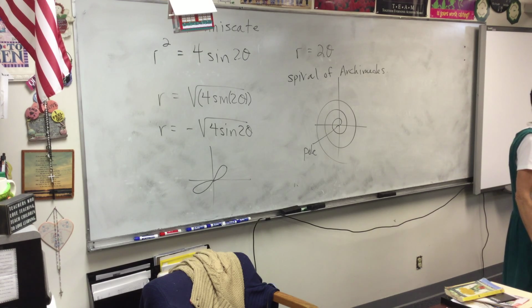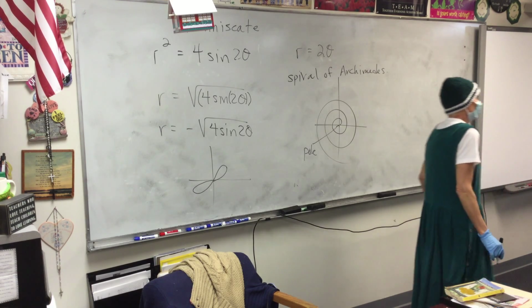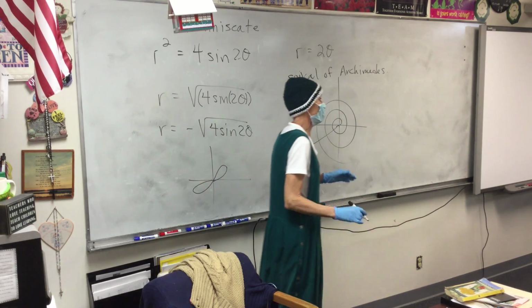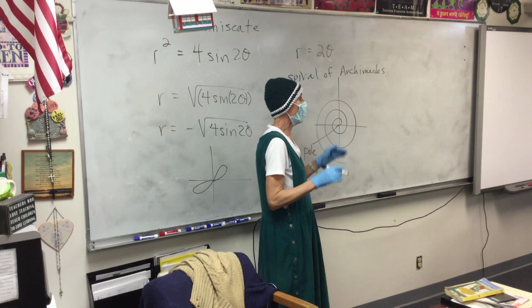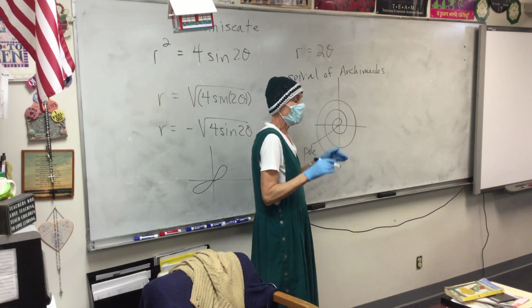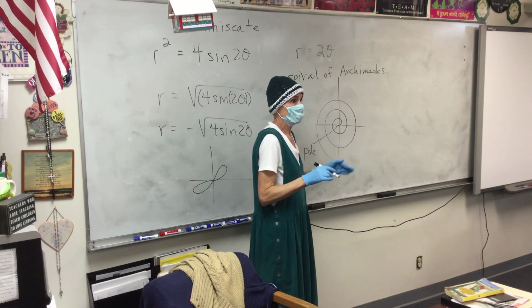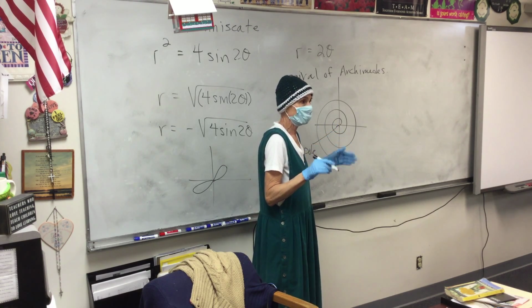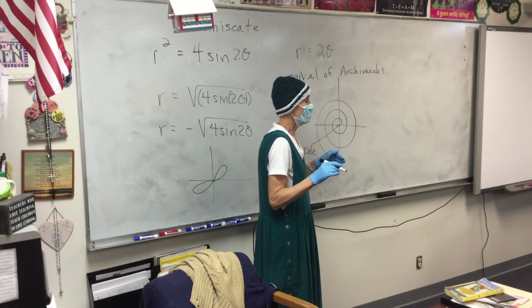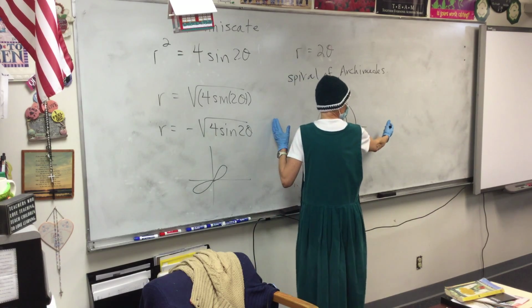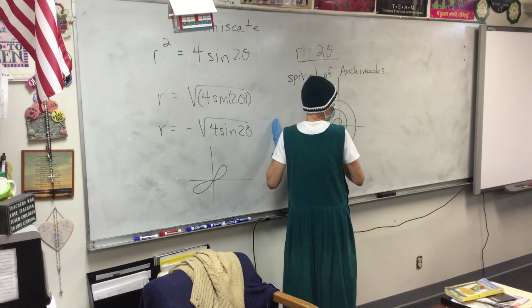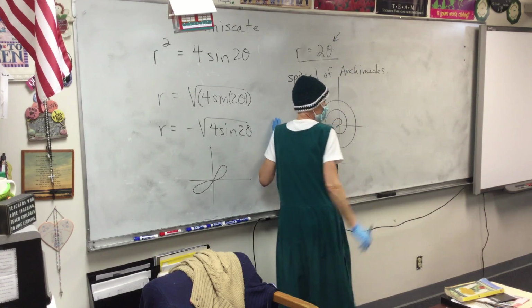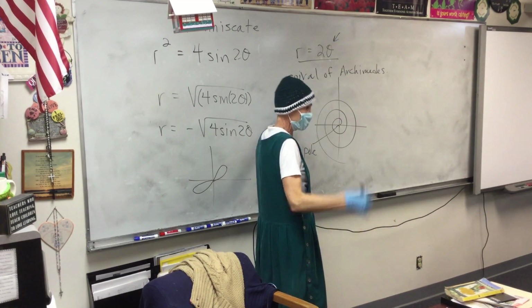Everybody got it? Okay. Now, let's talk one more time about why I set my x's at negative 150 and 150. I am graphing this equation. What is the biggest theta you're putting in? 60?